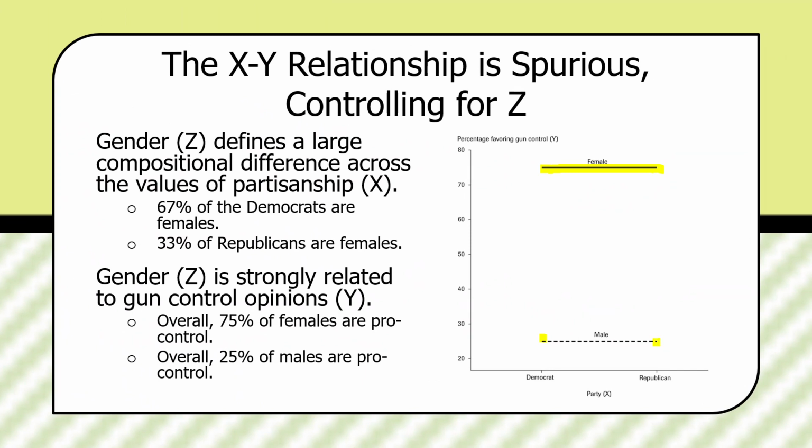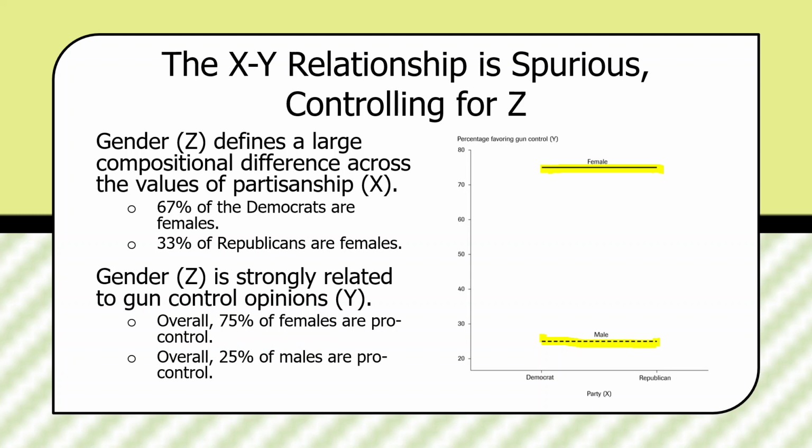And if I did the bubbles again, it'd be a small bubble over here representing fewer male Democrats and a larger bubble over here representing male Republicans. But taking that into account, there's no effect. All of the relationship, all of the graphic space here that is being explained, lies along the differences between the lines, which is just a huge gender gap on this issue with no partisanship effect at all.